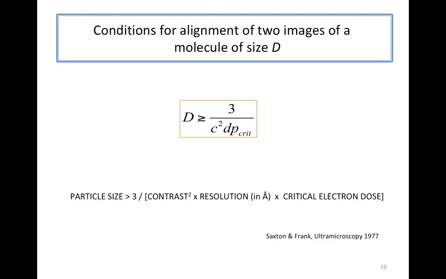So the question was simply, is it realistic to apply these ideas that I had in 1975 to EM images of low dose images of molecules? And the answer that we found by investigating this was encouraging.